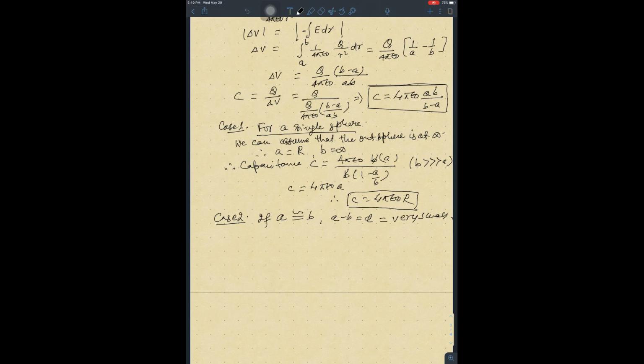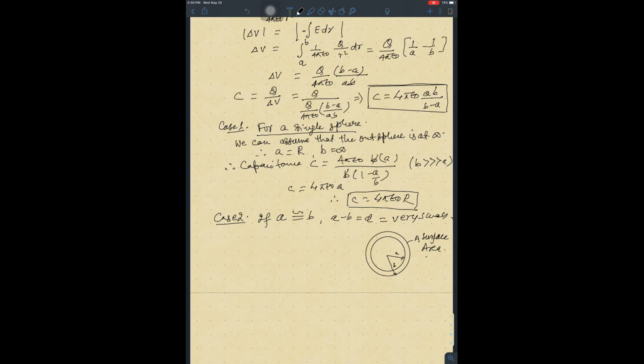Here 4 pi A square is the surface area. When the two spheres are very close to each other, A is approximately equal to B.